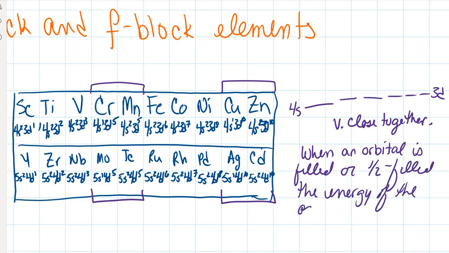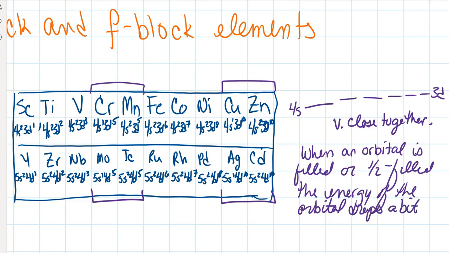And this is because of the ability of two electrons to sink a little bit closer to the nucleus, which gives them a lower energy state. So it's just an observed phenomenon that occurs.